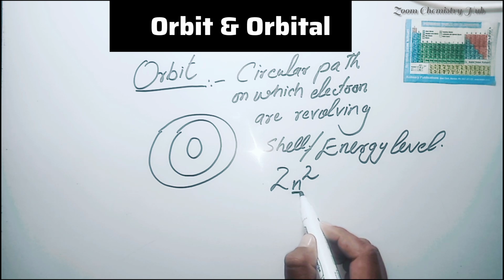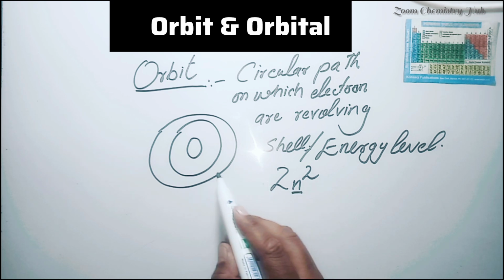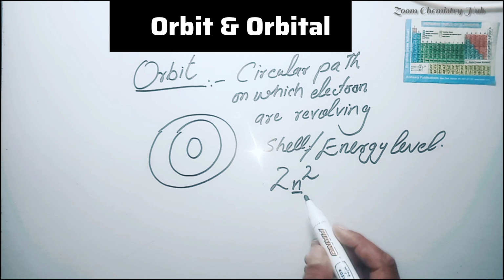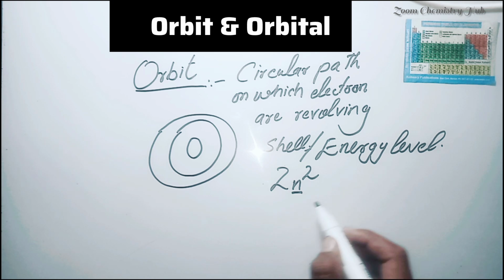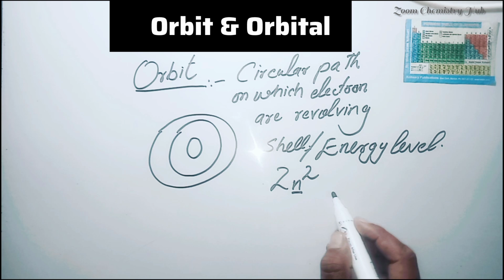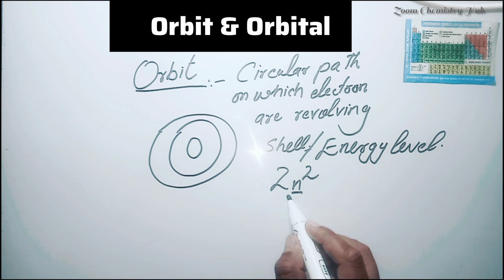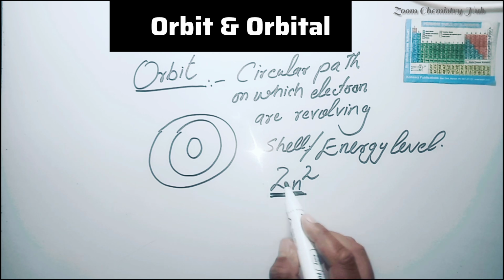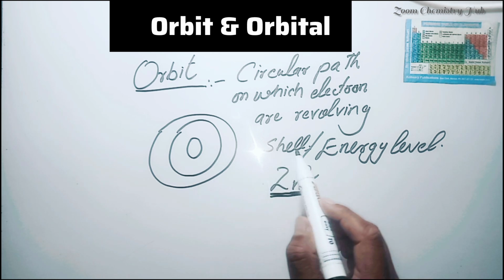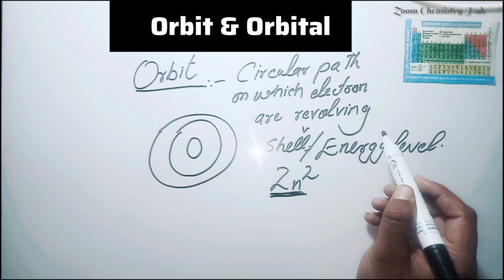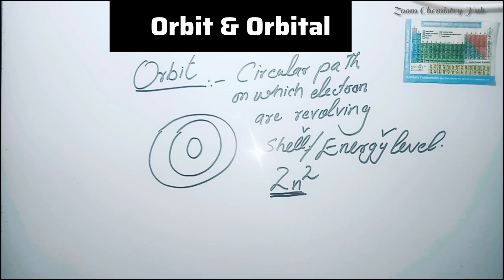Here n is the number of the shell or orbit. By this formula electrons are distributed in these shells, orbits or energy levels.